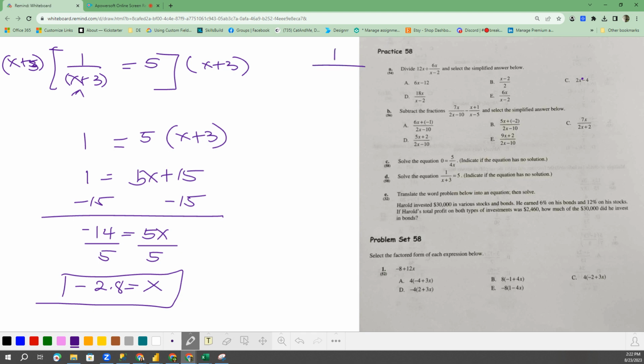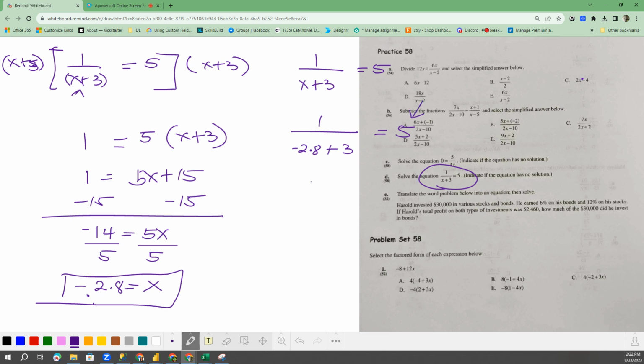So let's do 1 over negative 2.8. Just in case you're wondering where I'm getting this, I'm going to copy the exact problem. 1 over x plus 3 equals 5. Now in this x, I will substitute negative 2.8. Negative 2.8 plus 3 equals 5. So this one, you just keep that equals 5 all the time.